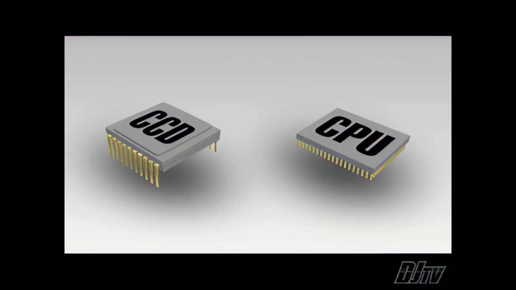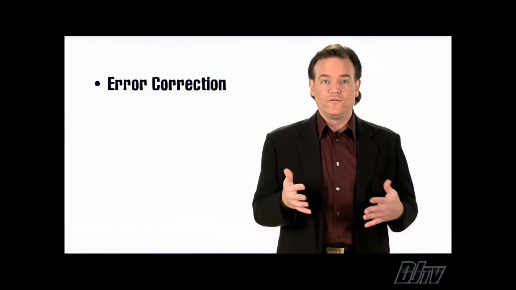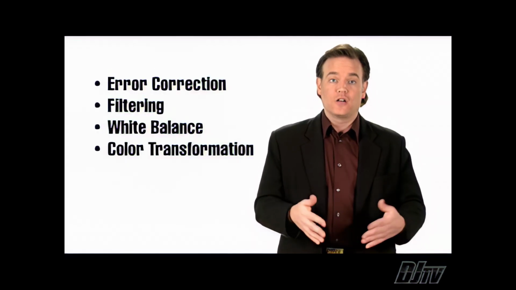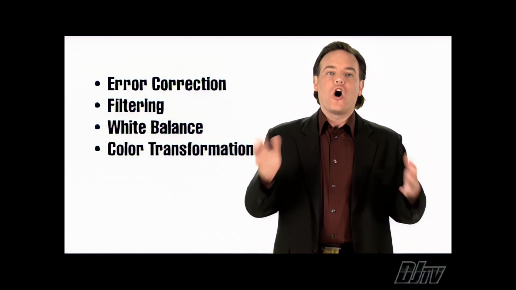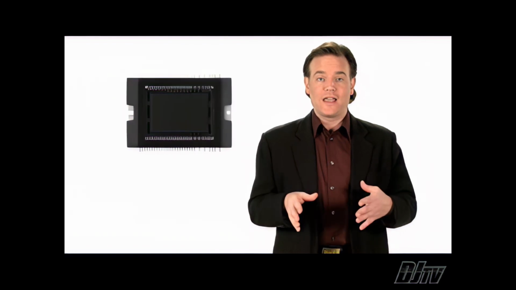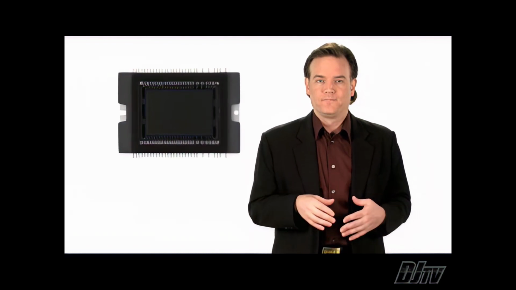In any case, and to summarize a great deal of sophisticated electronics in a sentence or two, once the light hits the CCD, it is converted into an analog electrical signal and sent to another chip where it is digitally processed. This processing includes error correction, filtering, white balance, and color transformation, among other things. Oftentimes, this all happens on a single dedicated media processor chip.